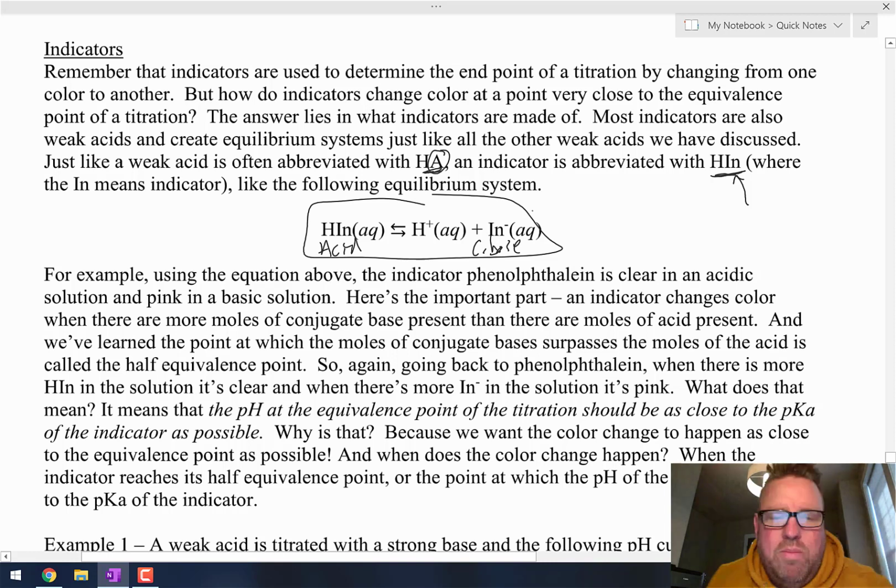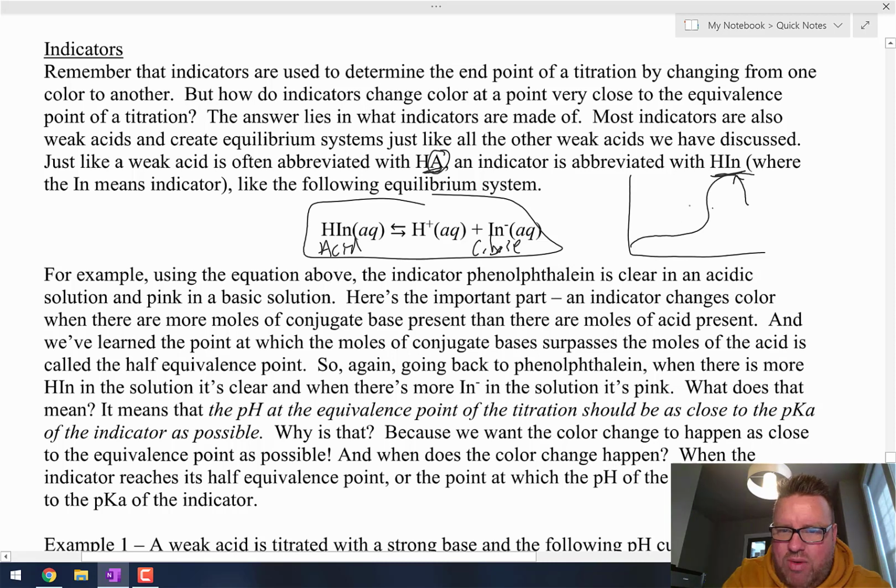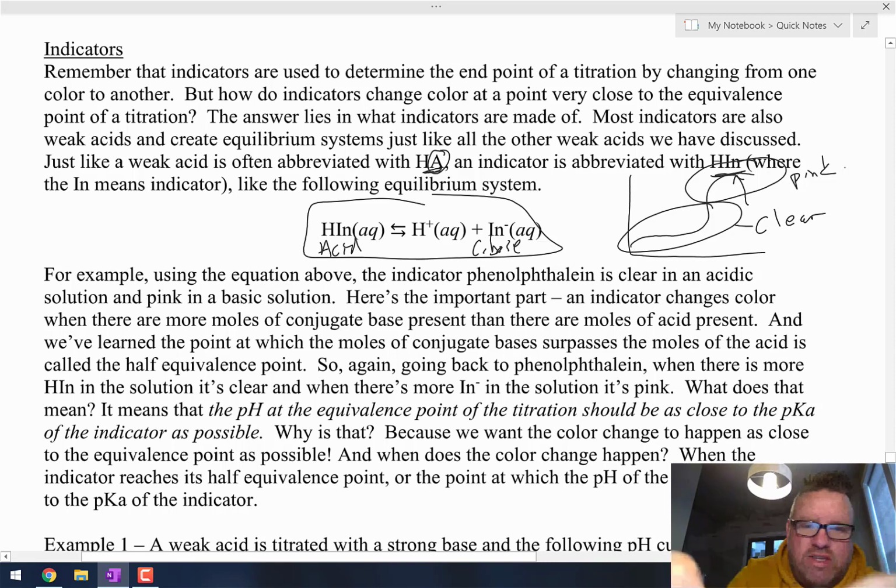So in terms of phenolphthalein, when it's in an acidic solution, so think about your pH curve here, when it's down in here, phenolphthalein is clear. But once you get up into here, phenolphthalein changes color to pink. So how does it do that?